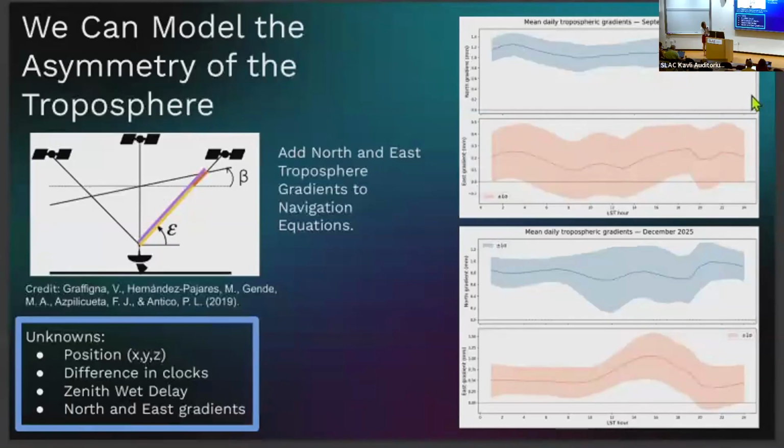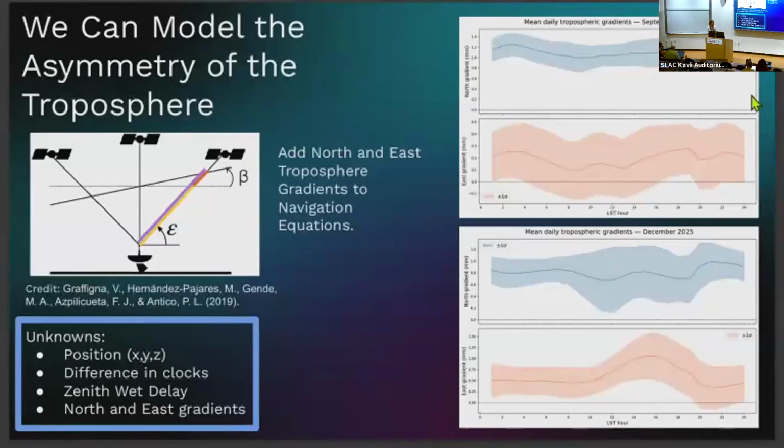And so here on the right, I'm plotting the average gradient for the month of September and the month of December as a function of time of day. And the first thing I'd like to point out is that the north gradient, which is plotted in blue, is positive.